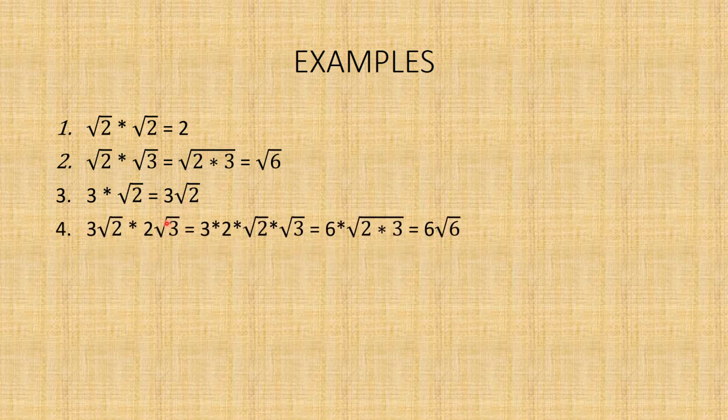And then the fourth one, I have 3 root 2 times 2 root 3. I just multiply 3 times 2 from the fourth rule, as here. Then I also multiply the numbers under the root, that is root 2 times root 3, as I have done here. From the second rule, we know that root 2 times root 3 is the same as multiplying 2 times 3 all under the same root.